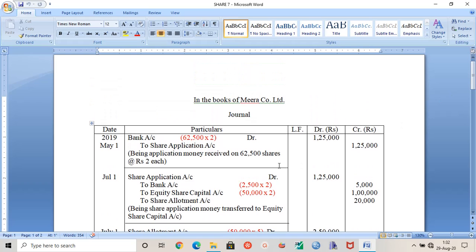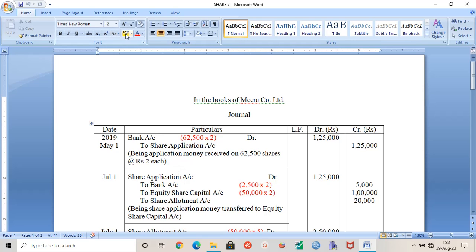This is the case of oversubscription, because the company had issued 50,000 number of shares, but the company received the application for 62,500 number of shares. So the first entry will be bank account debit to share application received on 62,500 number of shares.